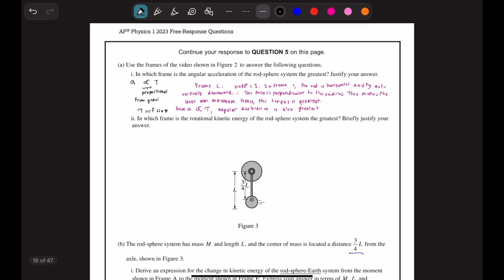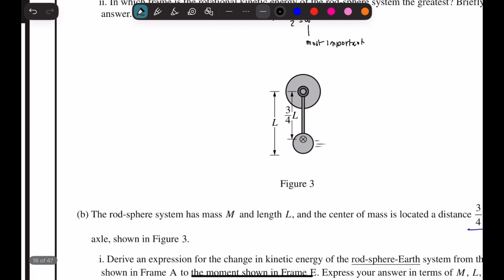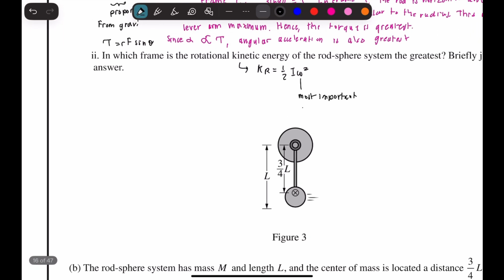And we know that rotational kinetic energy is KR equal to 1/2 I omega squared. So the angular velocity takes the largest precedence when we're calculating that rotational kinetic energy. So we want to find when is omega the greatest.